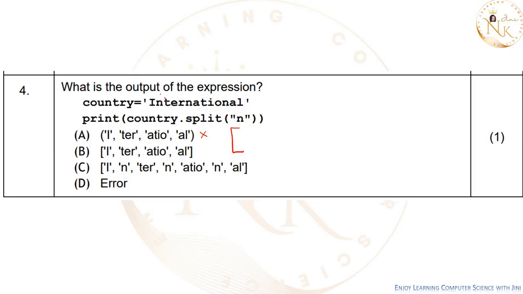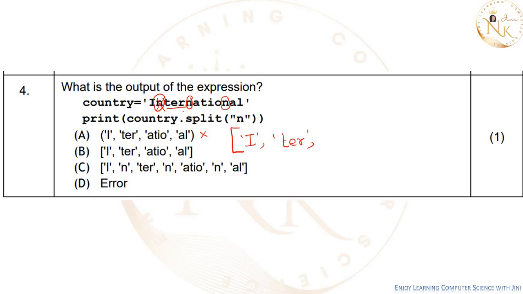N. Whichever the places n is coming here, one n, the second n, and the third n. The character which is used to split should not be included in the list. So what are the characters before the first n? It is I. That is the first element. Do not include the split character which is n. Then TER.